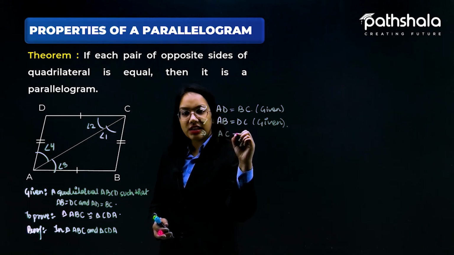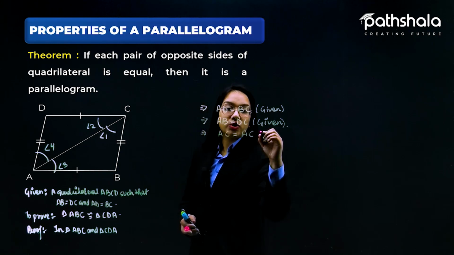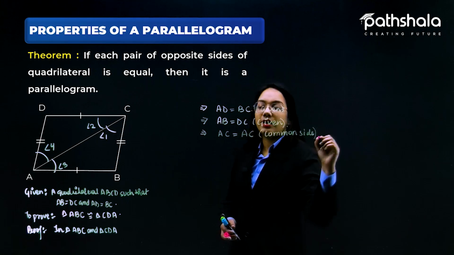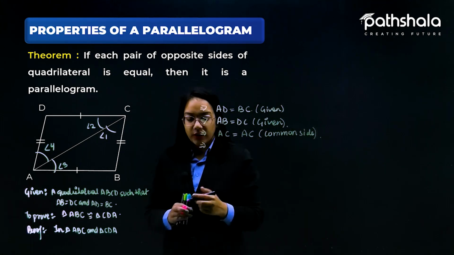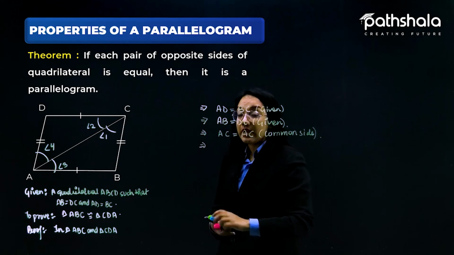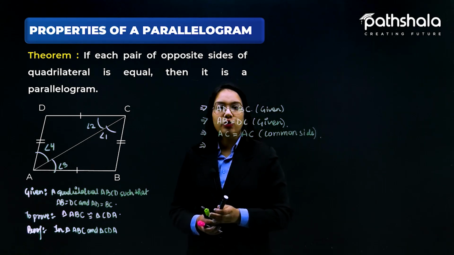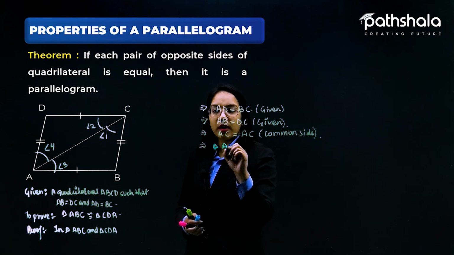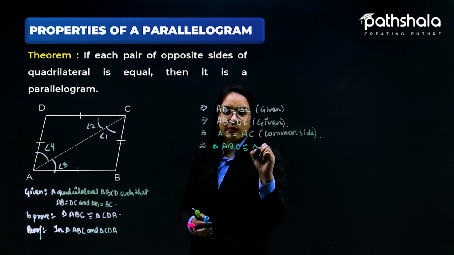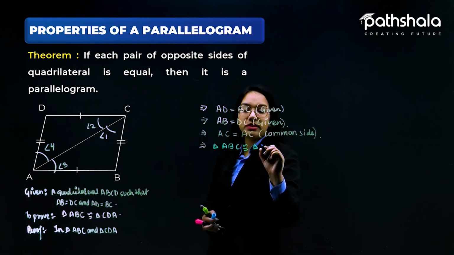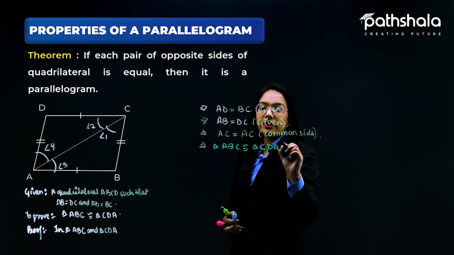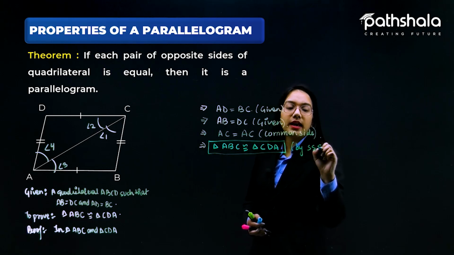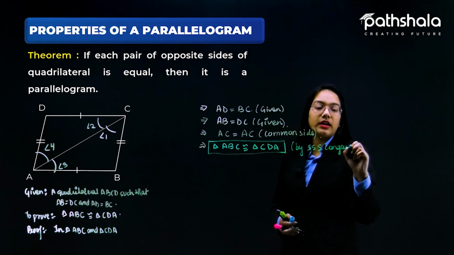Furthermore, we can see that AC is equal to AC, which is their common side. By these three things, if we talk about the two triangles, we can say that the triangle ABC is congruent to the triangle CDA by the SSS congruence criteria.